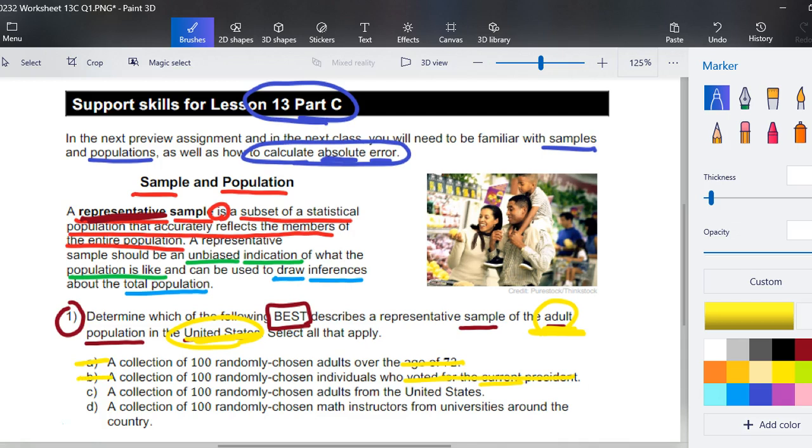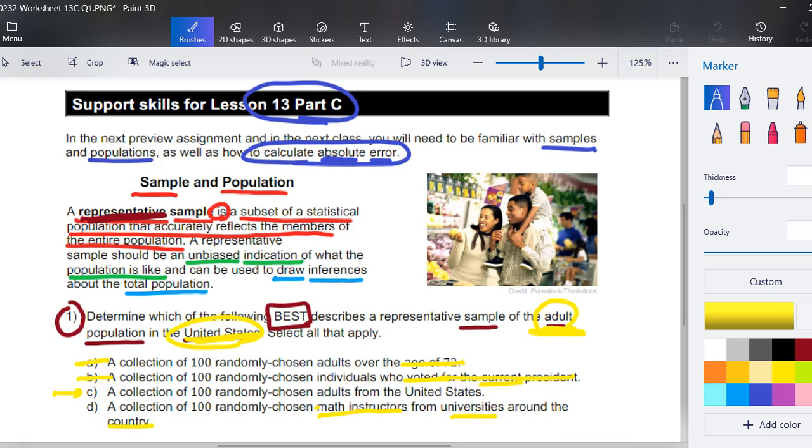Let's keep looking. A collection of 100 randomly chosen adults from the United States. Period. End of story. Random adults. This one sounds really good, but let's keep looking. A collection of 100 randomly chosen, oh, I like this one. 100 randomly chosen math instructors from universities around the country.